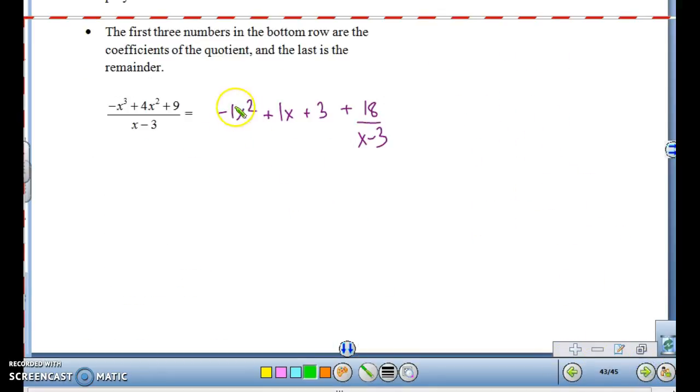You can see where it came from: negative 1, 1, 3, and then there's the 18. That is the process of synthetic division. We use the coefficients, multiply by the k term, add down the columns, and keep repeating. When you get to the last term, it ends up being the remainder.